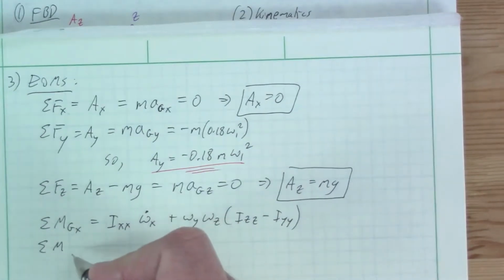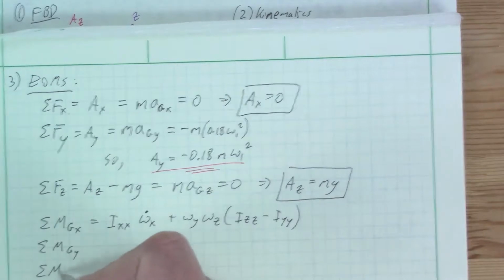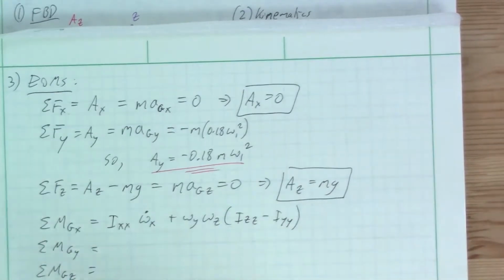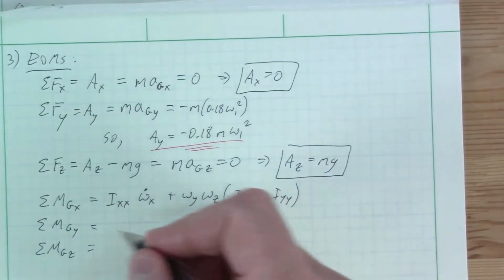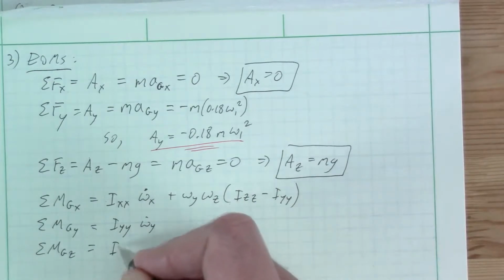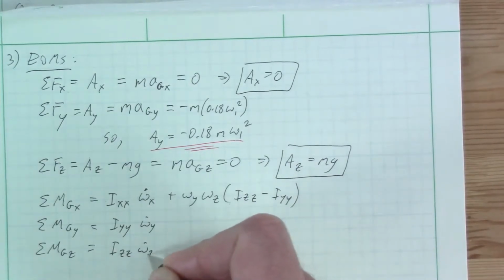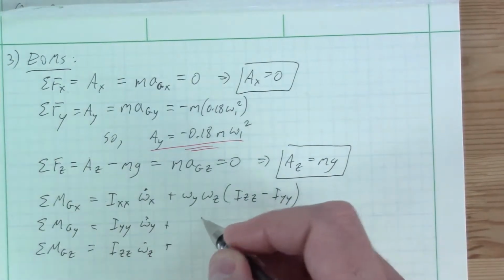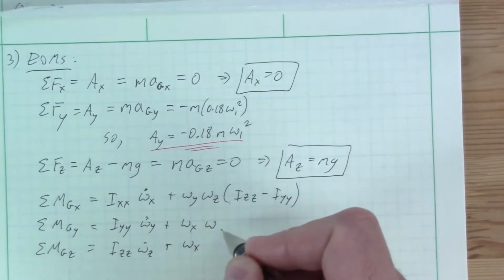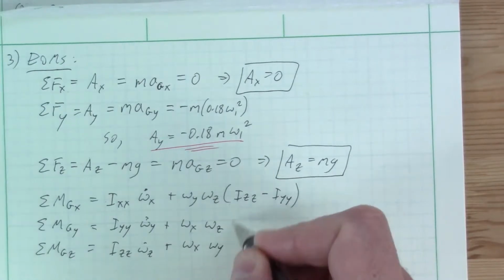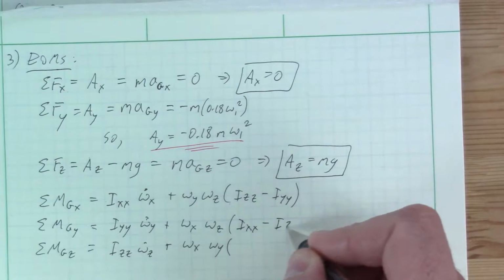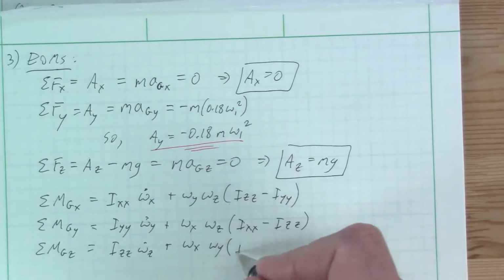Sum of the moments about Gy, and the last one is summing the moments about Gz. This is Iyy omega dot y, Izz omega dot z plus. There's a pattern here, so if you know the pattern, you can do this without looking at a version of the equations. Iyy minus Ixx.